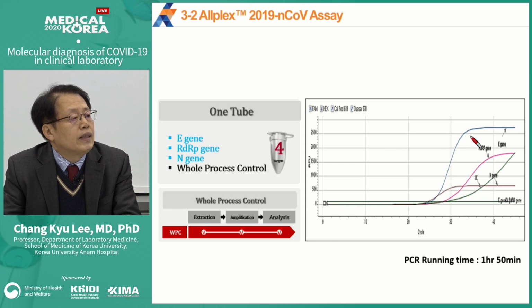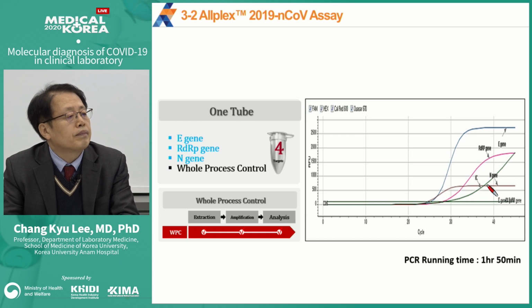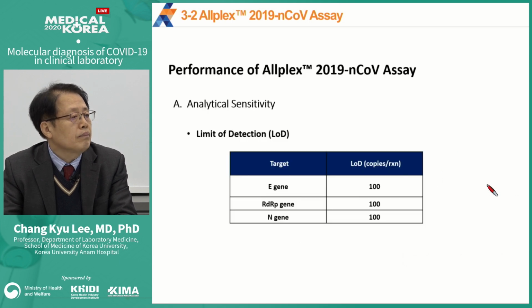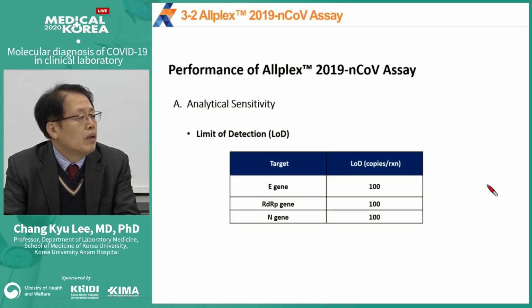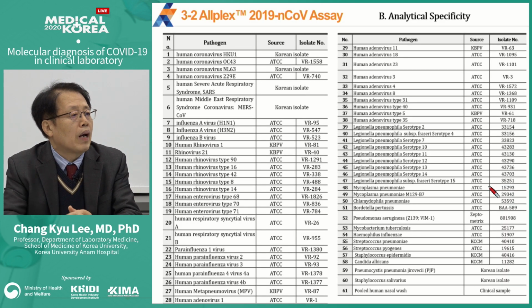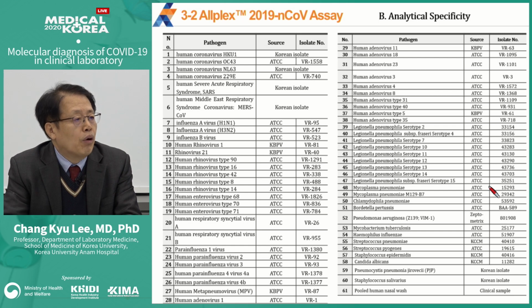As you can see, E gene, RdRp gene, N gene, internal control. Regarding performance of Allplex, limit of detection of E, RdRp, and N gene is 100 copies per reaction. There was no cross reaction with all these 61 viruses and bacteria.